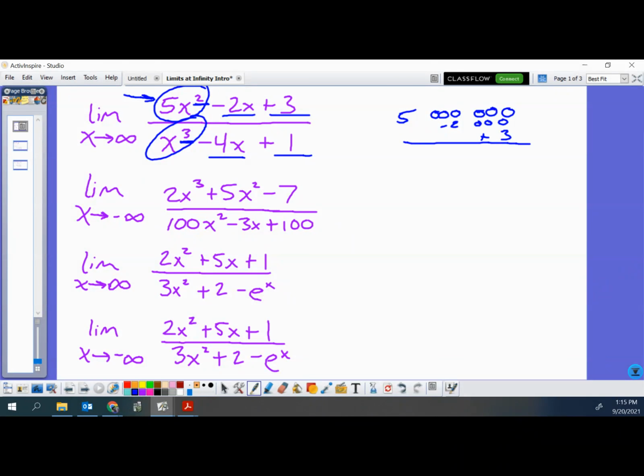Anyway, that's the numerator. The denominator, though, when you cube 1,000, will be a billion, right? You're going to have 1 followed by nine zeros. Much bigger than the numerator. And so because of that, the denominator grows much faster than the numerator. The entire thing is going to approach 0.